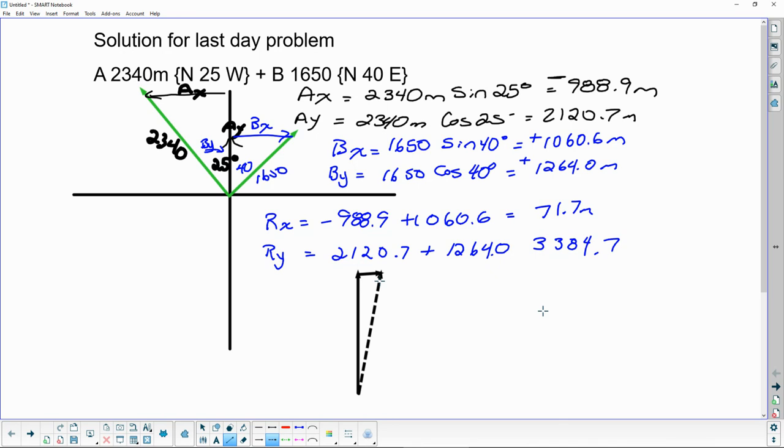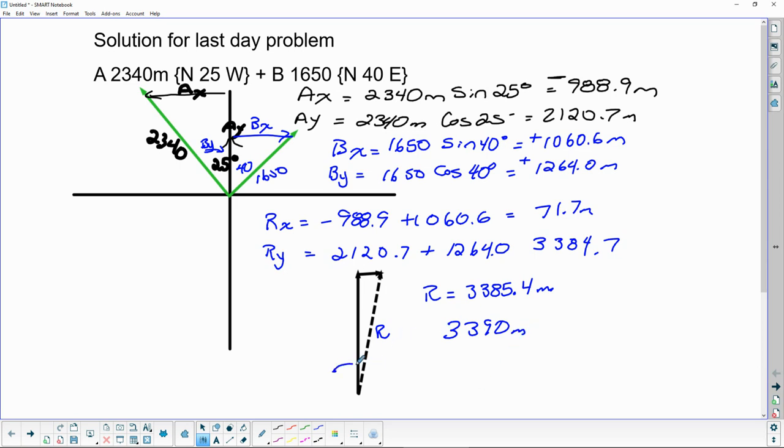When we do that, our R value becomes 3,385.4 meters, and now we're going to take that to 3 significant figures. So 3,390 meters to 3 significant figures.